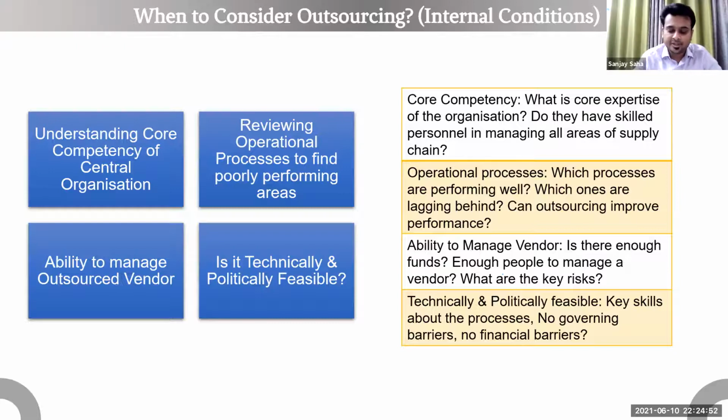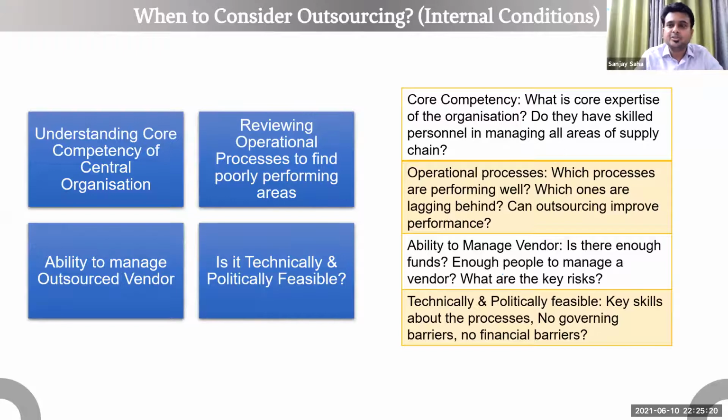The third condition is the ability to manage the provider itself. Now, if it is a third party logistics provider, the accountability is still on the organization. So for example, if WFP is working with logistics service providers, the accountability is still on WFP. It is not on the logistics service provider, which means it is WFP's responsibility to manage the vendor.